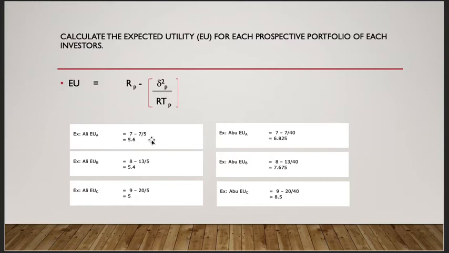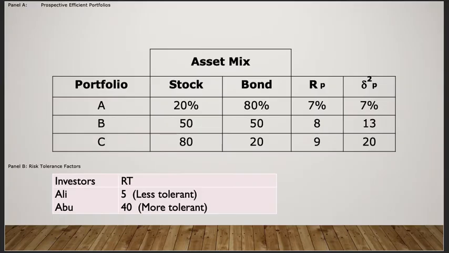So that's why it is more suitable for him to invest in portfolio A, because portfolio A has a variance of 7%. It means Ali has to invest in the combination of 20% in stock and 80% in bond. It is suitable because the risk tolerance is low.